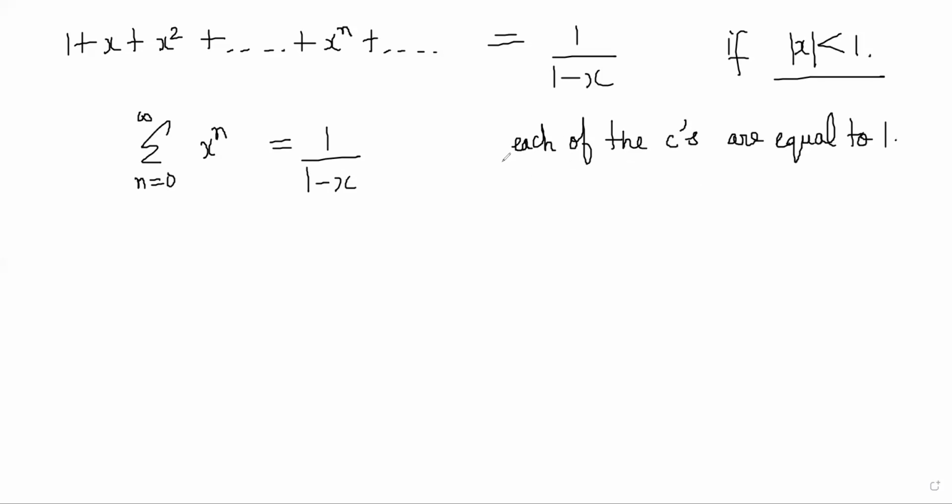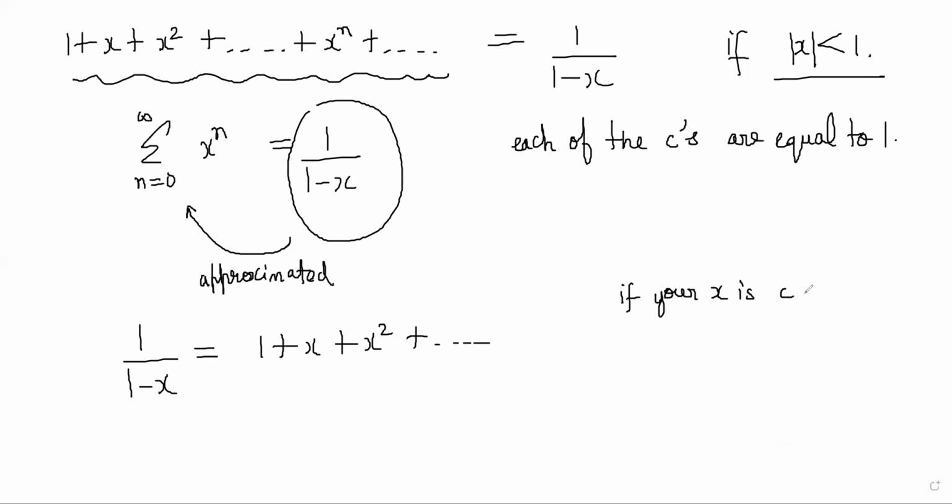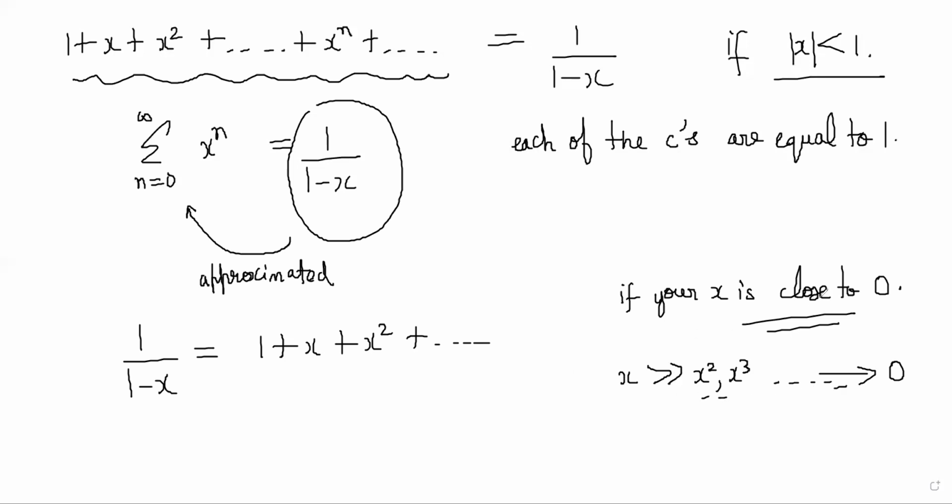So this is a power series. We can think of this function as being approximated by the power series, or by this sequence of polynomials. So 1 by 1 minus x can be written as 1 plus x plus x squared, and so on. If x is close to 0, then x squared, x cubed, and so on tend to 0, so you can ignore them in comparison to x, which is much bigger than these terms because x is very close to 0.